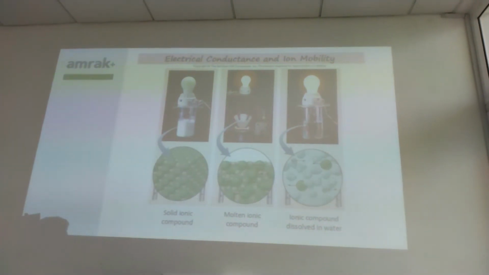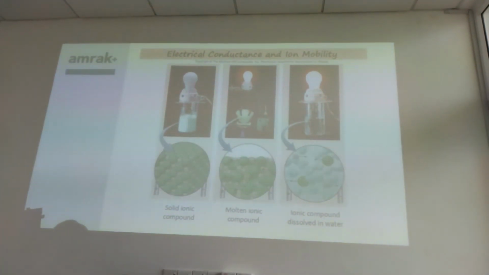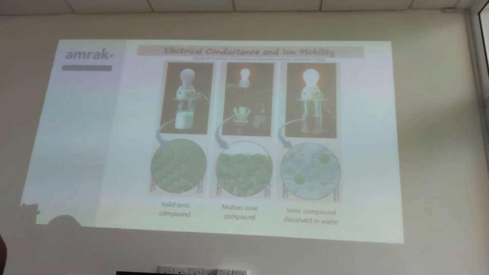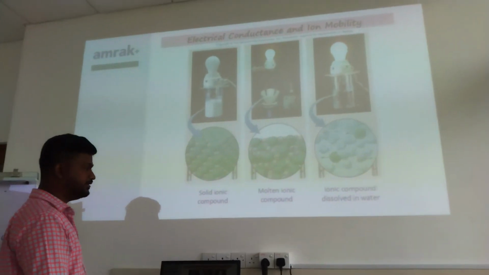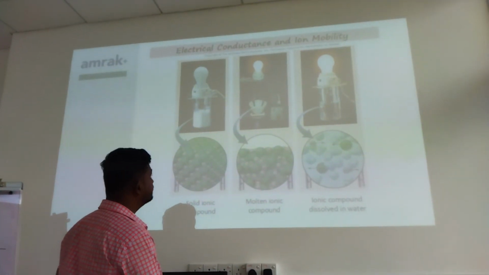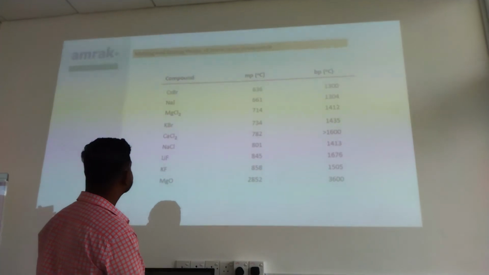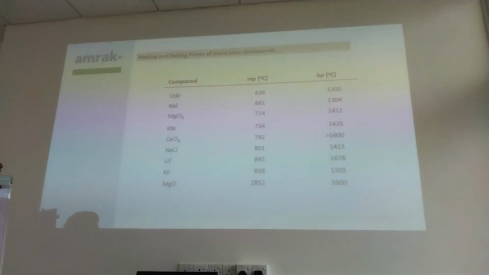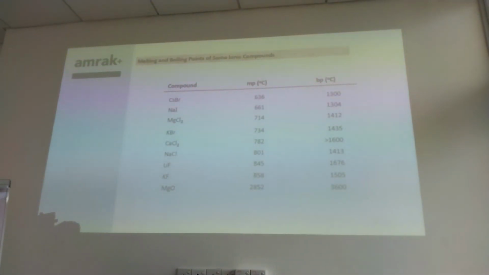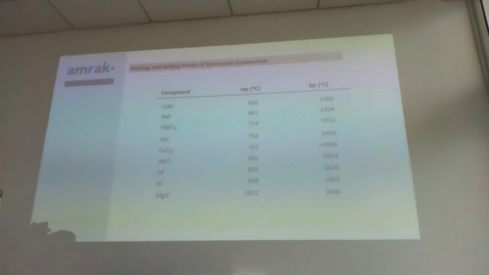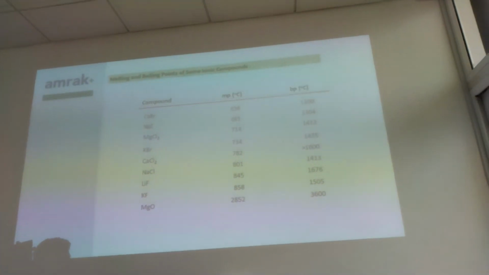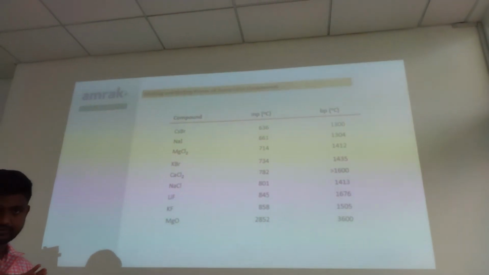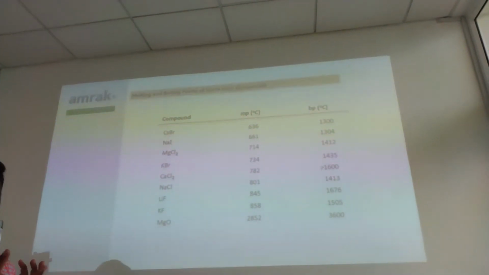In a covalent bond you don't get mobile charges, whereas in an ionic compound you get mobile ions, so they conduct electricity. And if you compare melting points, ionic compounds usually have much higher melting points.